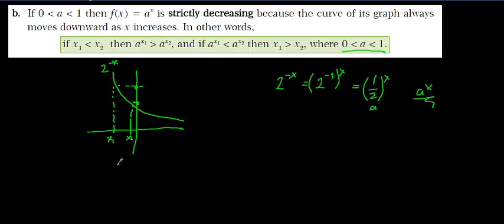It means that x1 is smaller than x2, but a to the power of x1 is greater than a to the power of x2. This shows that if it is like this, a is between 0 and 1 for the exponential functions.